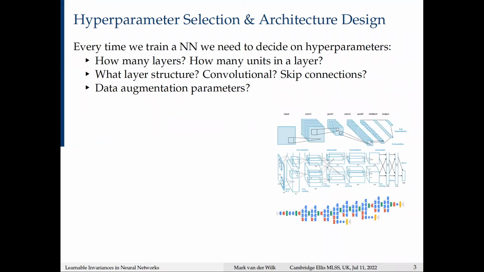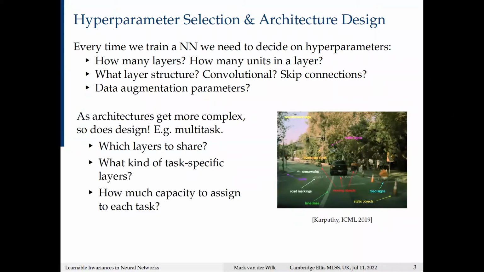So whether you want it to be convolutional, and there are actually a whole bunch of convolutional types of layers. These are called group convolutions, and you might need to pick the right group. You need to pick whether you want skip connections, how much pooling to add, where to add the pooling, like what region to add the pooling over. And then you've got data augmentation parameters. All these things you need to select somehow.